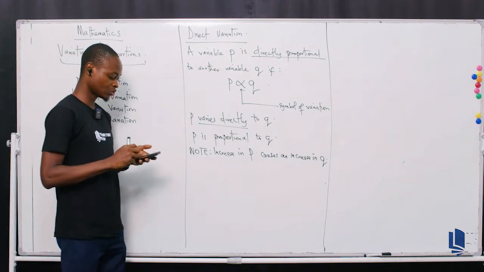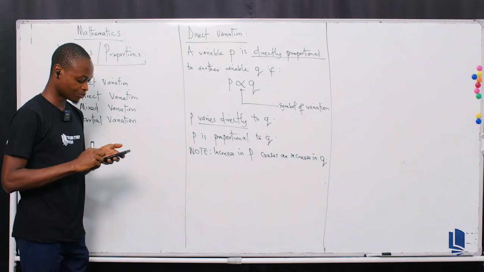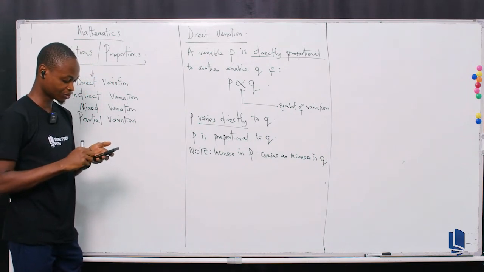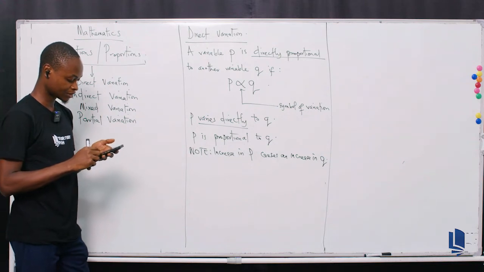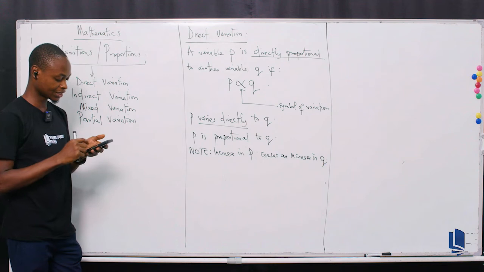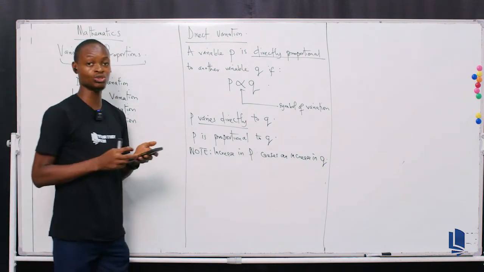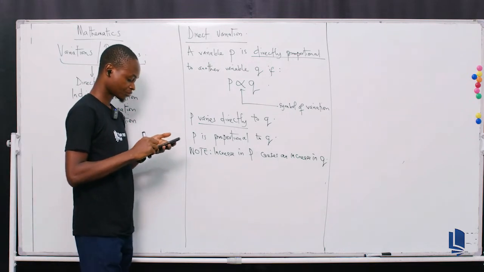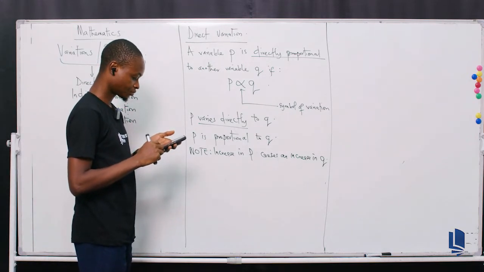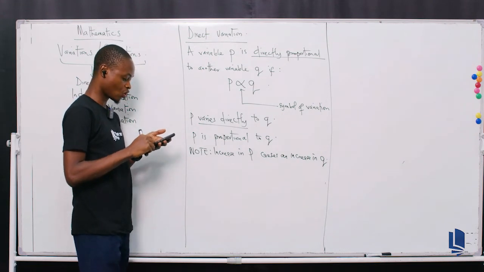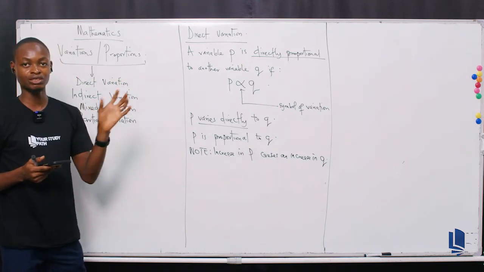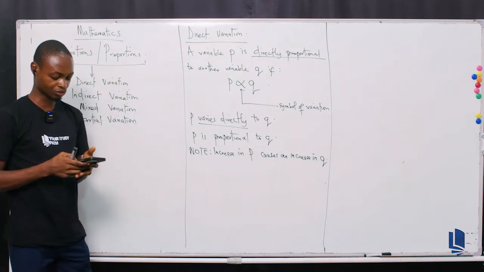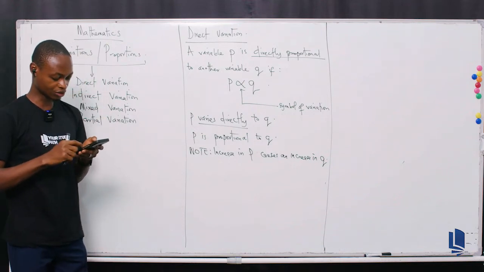So let's quickly look at an example on direct variation, before we move further to take yet another type of variation, so that we'll see exactly how it works and, of course, how we solve questions relating to it. So we'll pick one to explain the concept, and then we will pick more general examples when we are done picking all the concepts. So let's start with one.